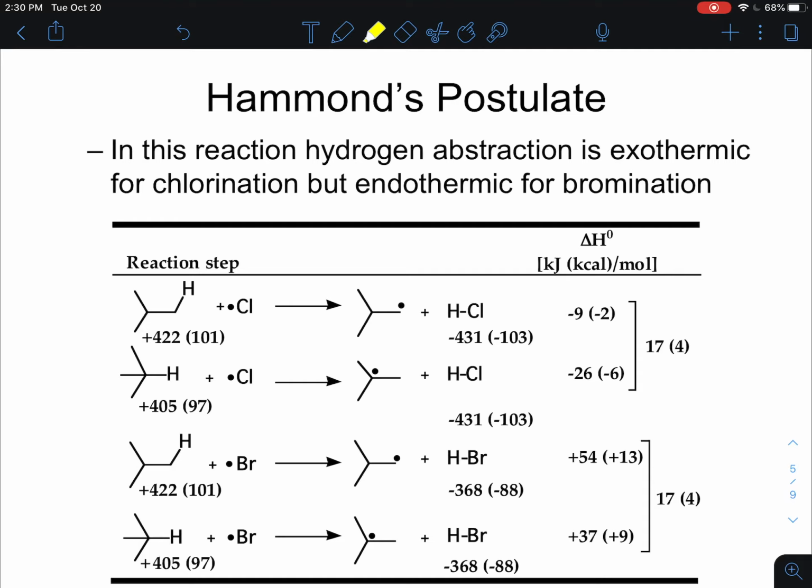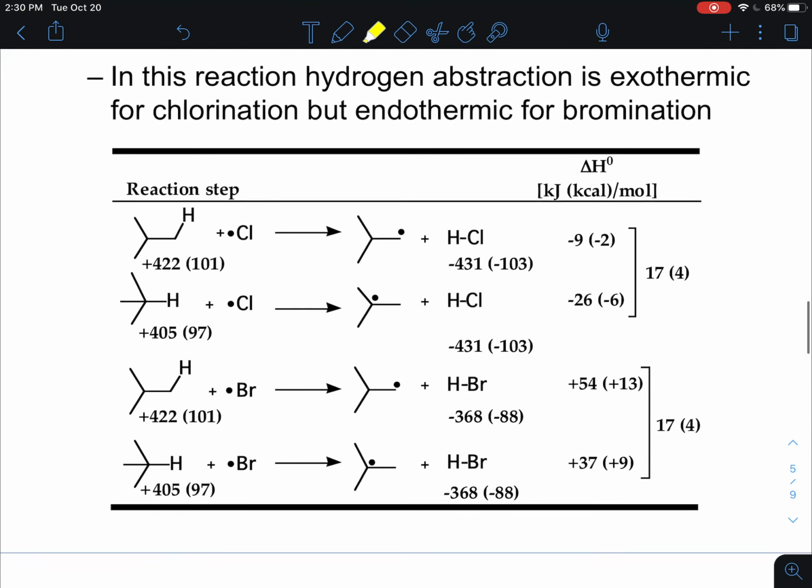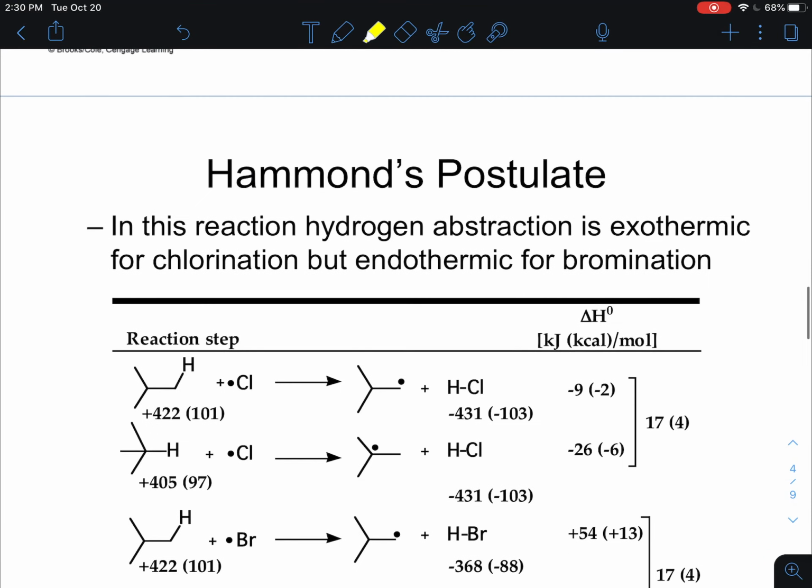So the example here, it looks like it's thinking about a slightly more extreme example where we're thinking about 2-methylpropane as our reactant. And so if we're thinking about chlorination, we'd expect that we would get chlorine both in the interior position and then on the end position as well. So let's see what we're looking at here.